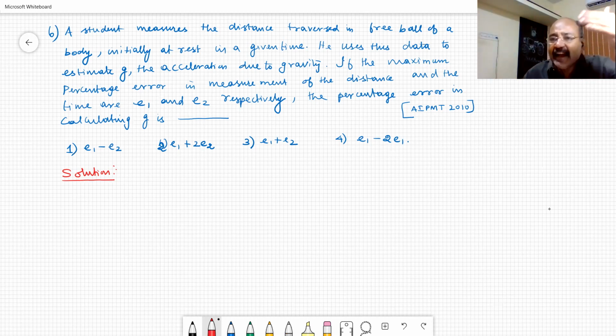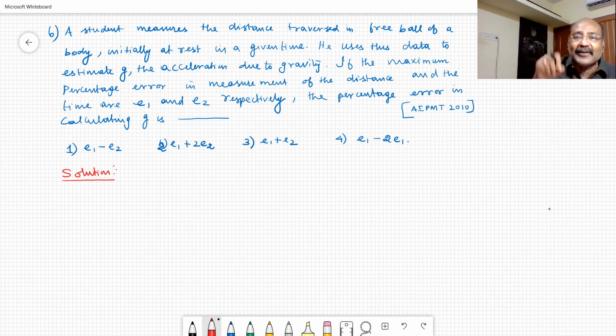The body is initially at rest, which means initial velocity u is equal to 0. He uses this data to estimate the acceleration due to gravity g. You have to calculate the maximum percentage errors. So the maximum percentage errors in measuring the distance and in measuring the time are given as E1 and E2 respectively. The percentage error in calculating g is.